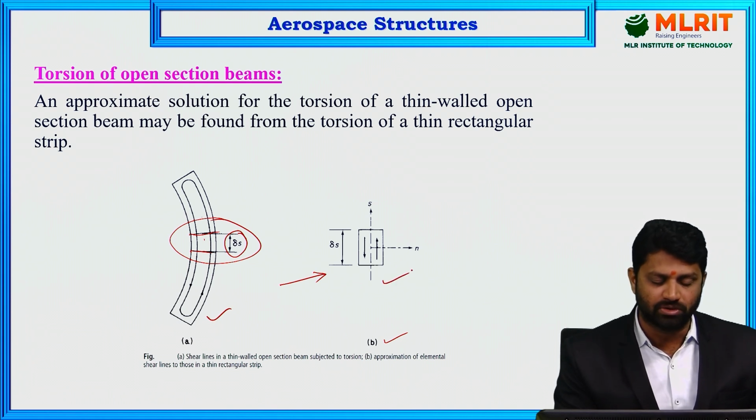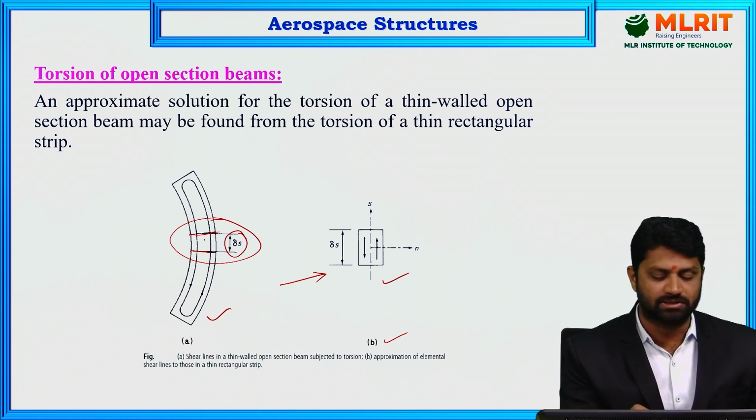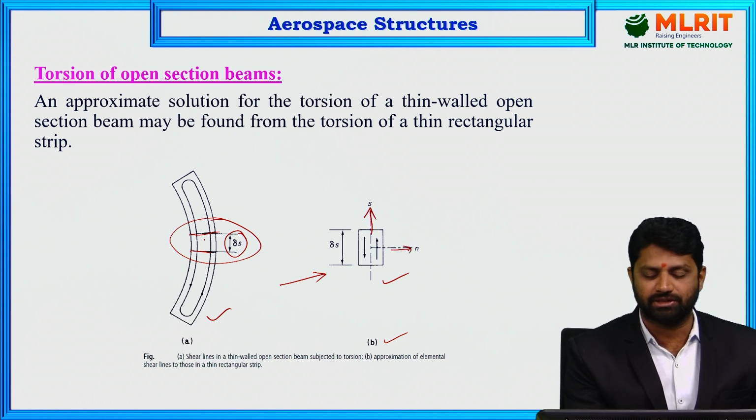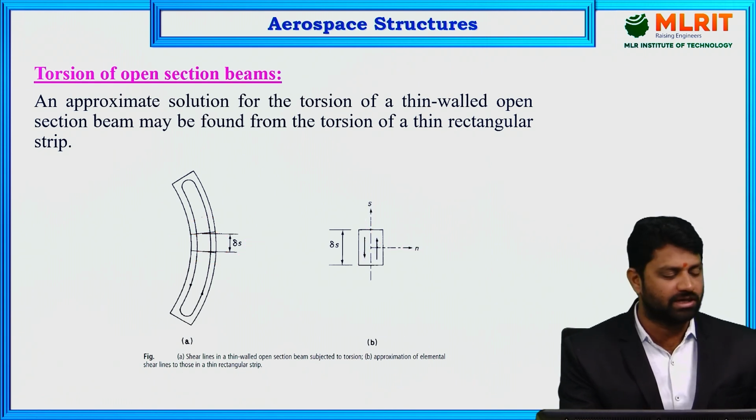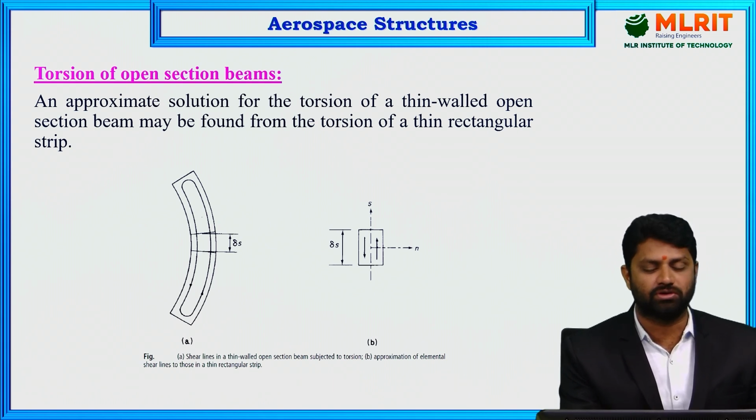If you look at this, there are two axis systems we are considering, one is the S direction and the other is the N direction, and you can look at the shearing action that is drawn here. From this element, we try to deduce the formulas related to torsion of thin-walled open section beams.